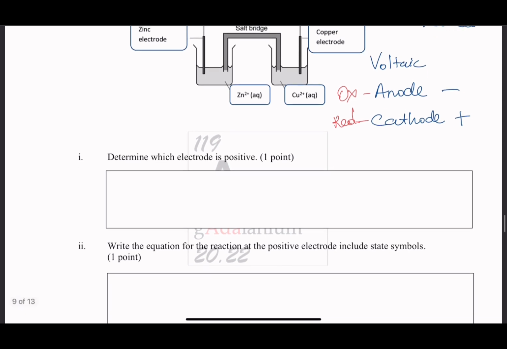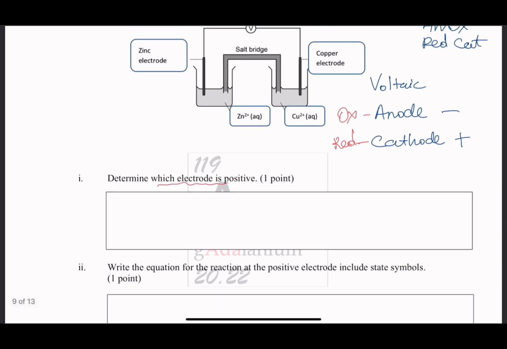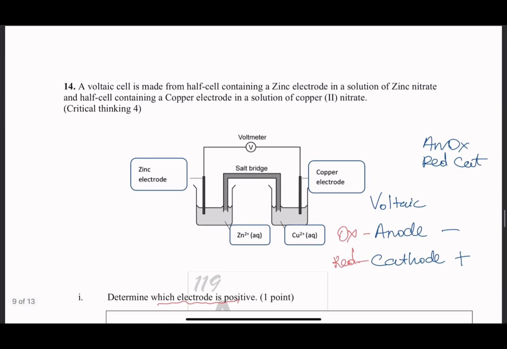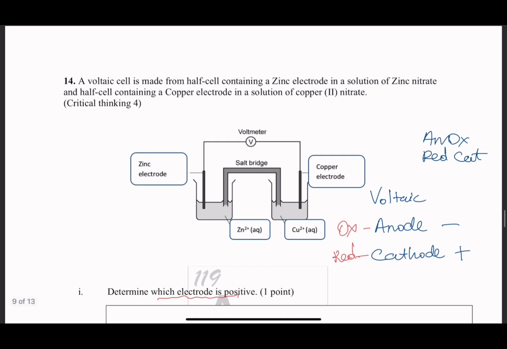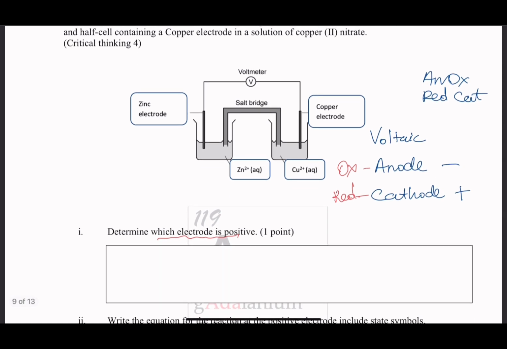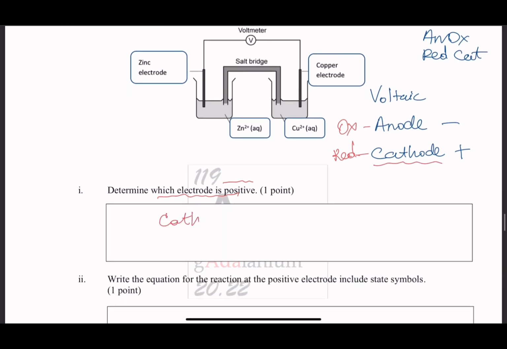Okay, so it's asking to determine which electrode is positive. You guys are familiar with this. I have zinc on the left side and I have copper on the right side. When it's asking for positive electrode, I am looking for cathode, right? But I need to figure out which of these elements is going to be cathode, where the reduction happens. So writing just cathode is not enough.